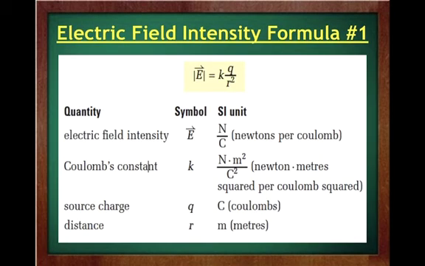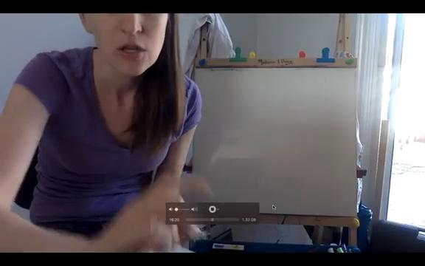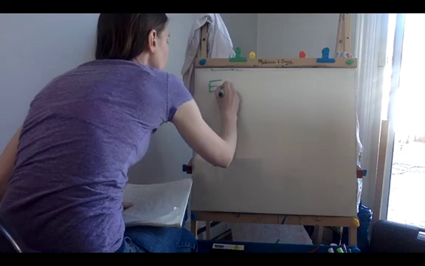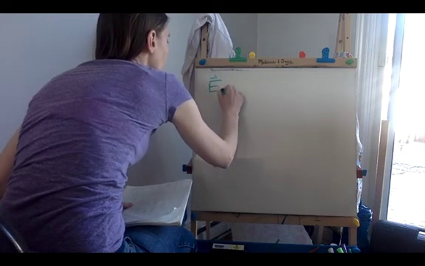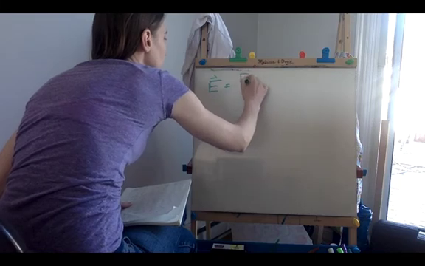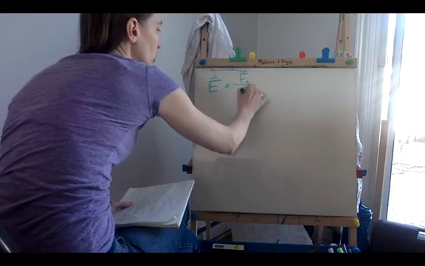All right, so this gives us a different formula for the electric field intensity from the one we had before. So I'm just going to do a quick little derivation here to show you where this one comes from. It's really easy. This is what I introduced to you just a few minutes ago, where the field intensity is equal to the force divided by the test charge specifically.